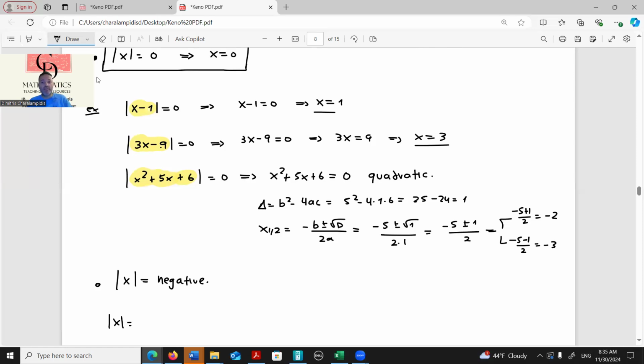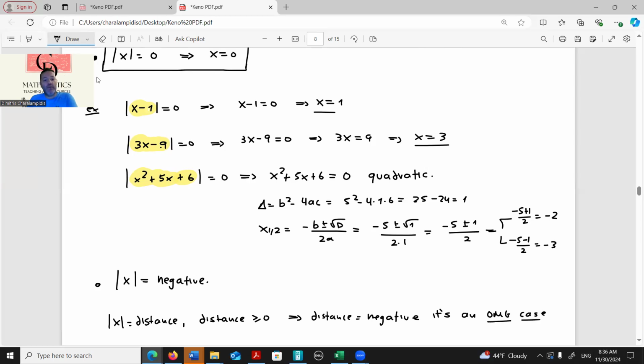Okay, so this only means that since the absolute value is distance, and since distance can only be greater or equal to 0, then distance equals negative, it's an OMG case. It cannot happen.